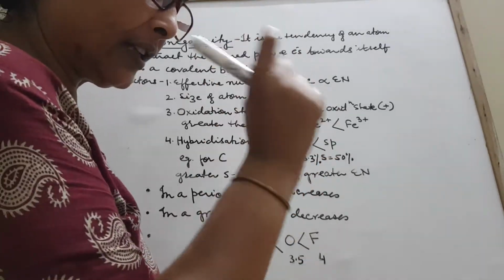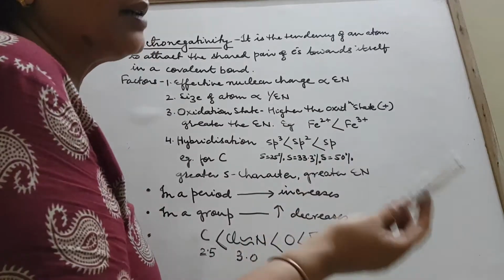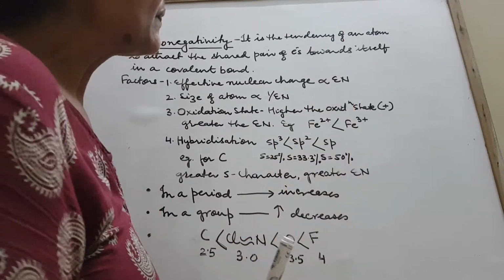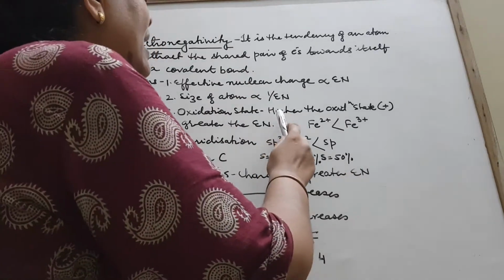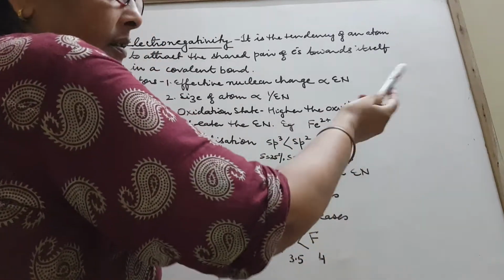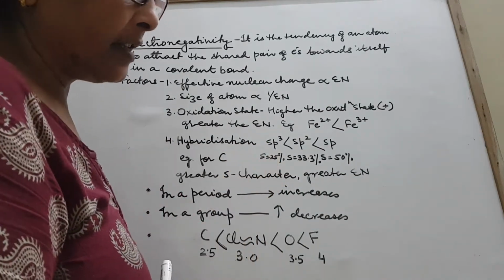So the point says, the higher the oxidation state in positive, the greater will be the electronegativity.